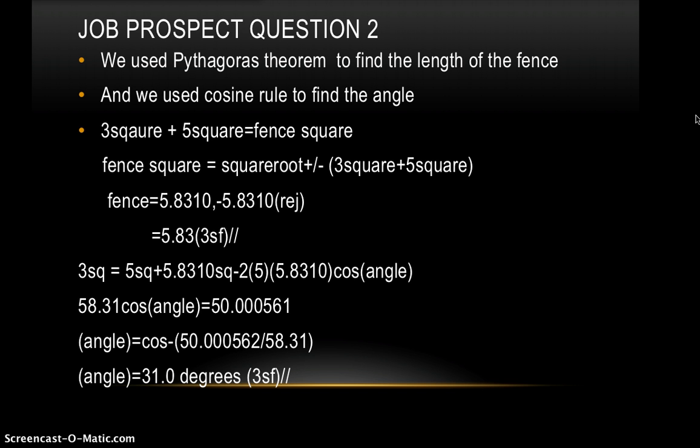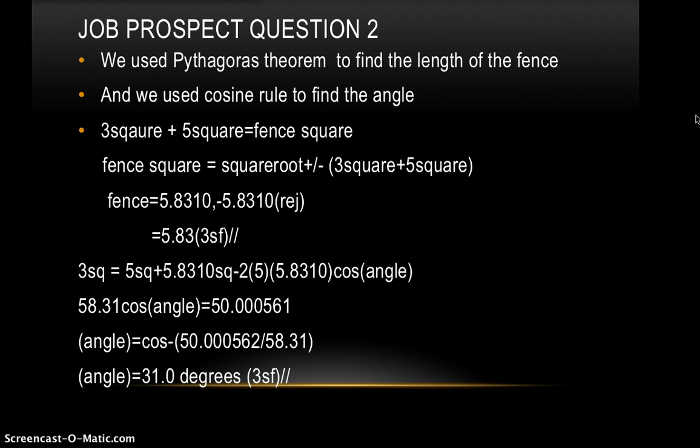And for the second part of the question, we use the cosine rule to find the angle they asked for. So it's 3 square equals 5 square plus 5.8310 square minus 2 bracket 5 bracket 5.8310 cos, which is cosine angle.